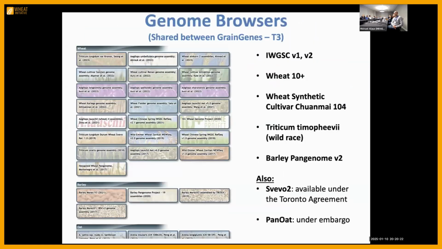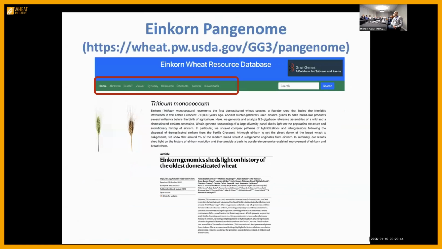So I said we have genome browsers. Recently, we made available Barley Pan Genome V2. There are links there to go to PanBARLEX, for example, at IPK. We also have CS v2 available under the Toronto agreement, and the Pangenome browsers that we developed, but that is not under that.